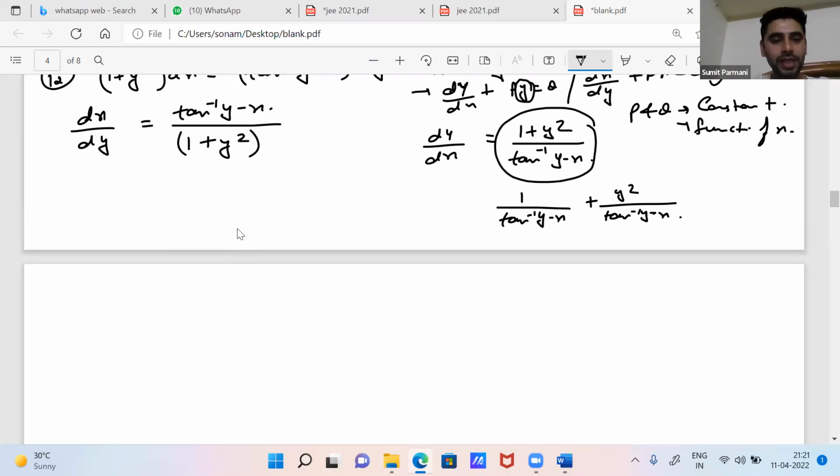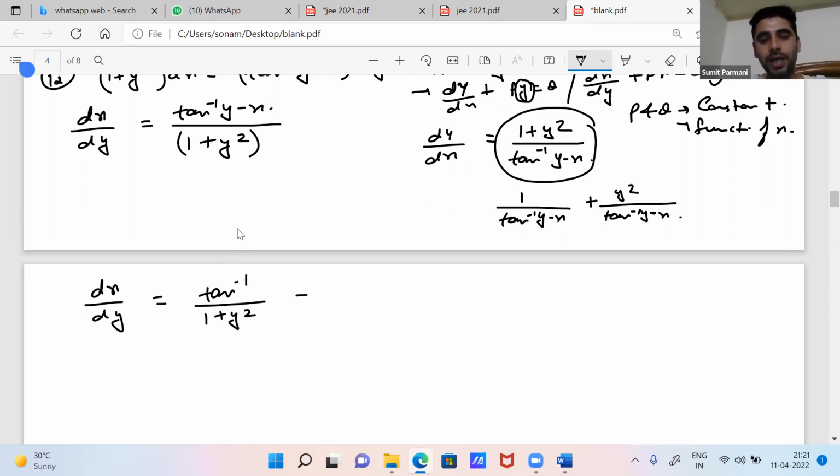So from here, what we can see, we can write dx by dy is equals to tan inverse y upon 1 plus y square minus x upon 1 plus y square.